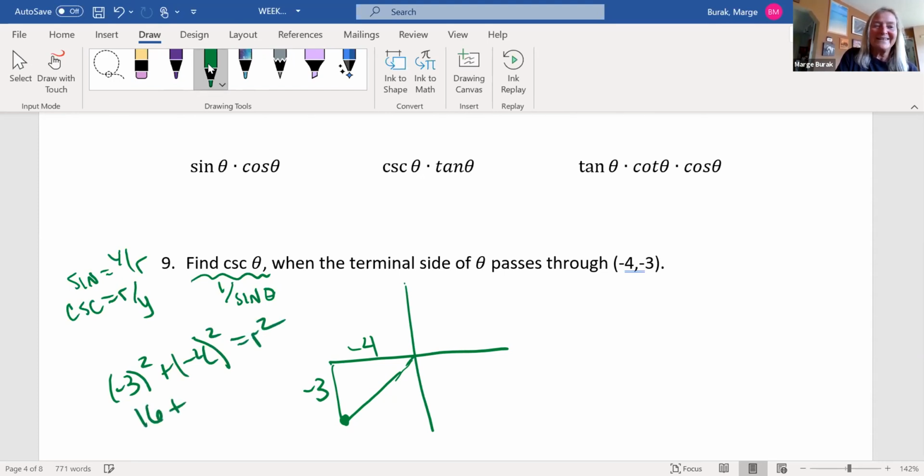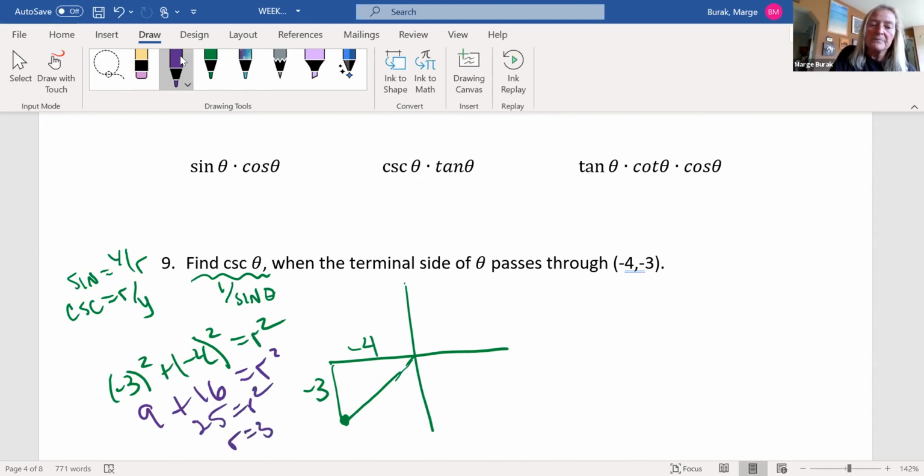This is one of those famous Pythagorean triples, 3, 4, 5. Anytime you get a 3, 4, 5, make sure they're in the right spots. r squared is 25, so r equals the square root of 25.